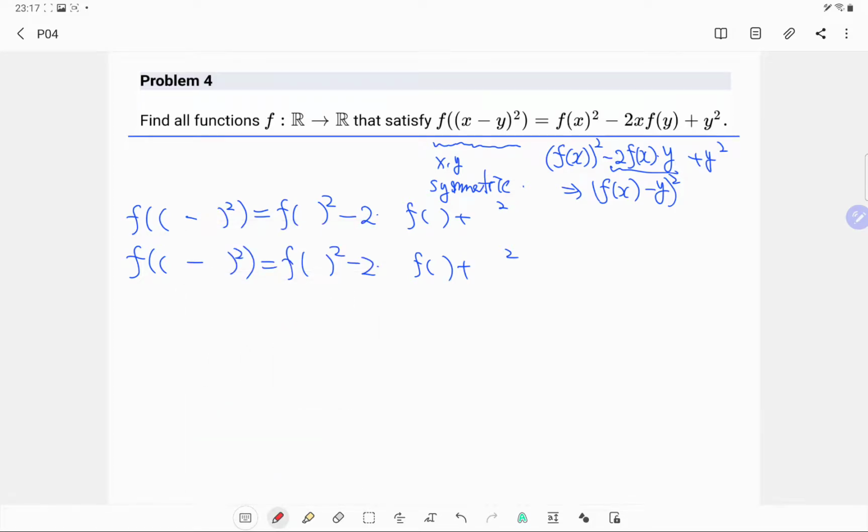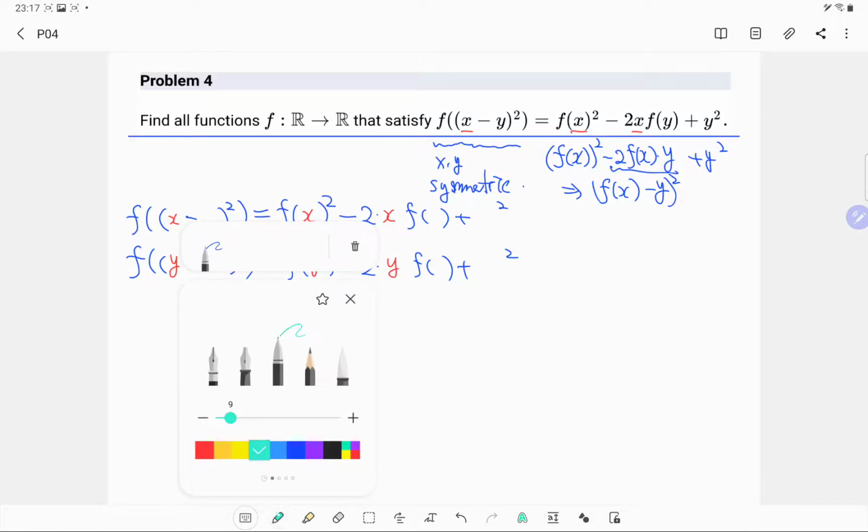On the right hand side, we have x and x here, and on the second one we can write y and y.